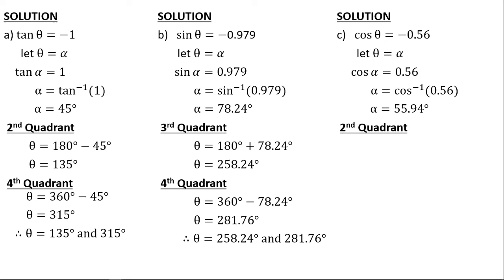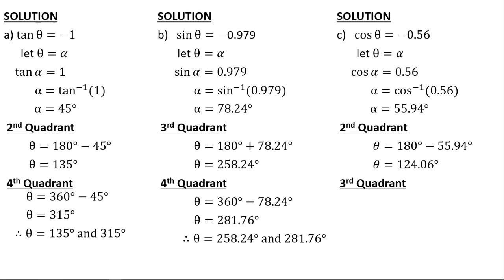In the second quadrant, theta is equal to 180 degrees minus alpha. Where there's alpha, replace 55.94 degrees. Our theta will be equal to 180 degrees minus 55.94 degrees. Our theta equal to 124.06 degrees.